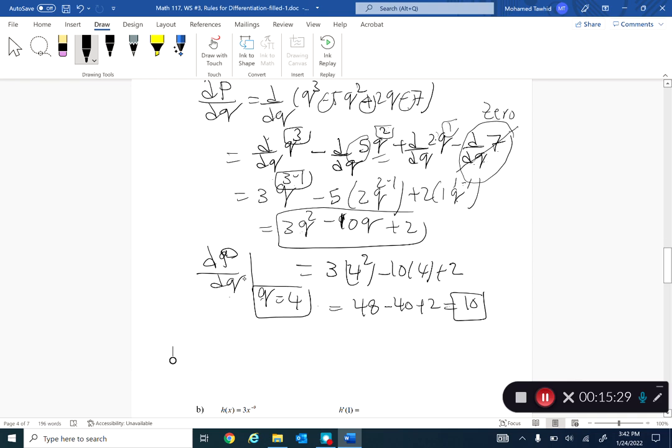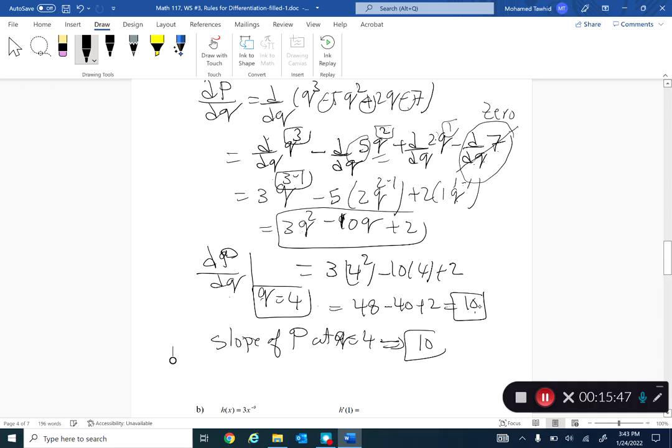And if I ask you the same question, what is the slope of your p at q equal 4, then the slope is what? It is 10, just 10.